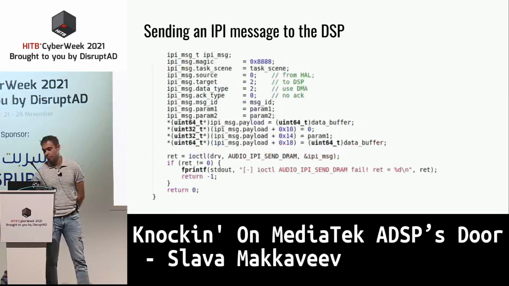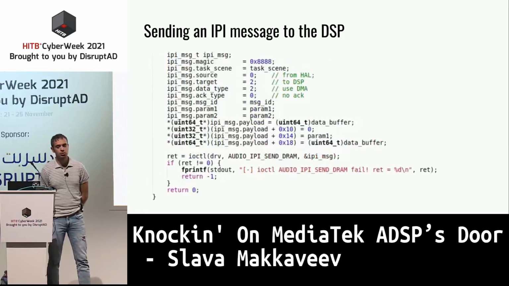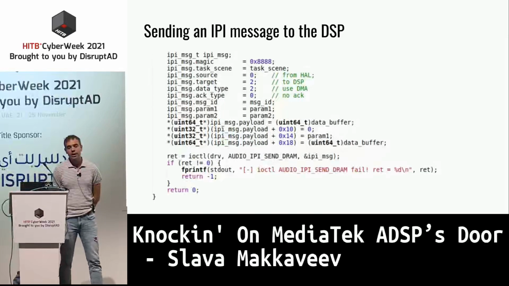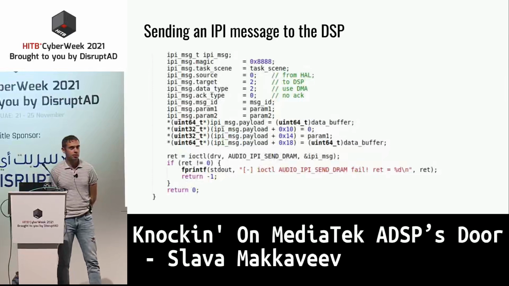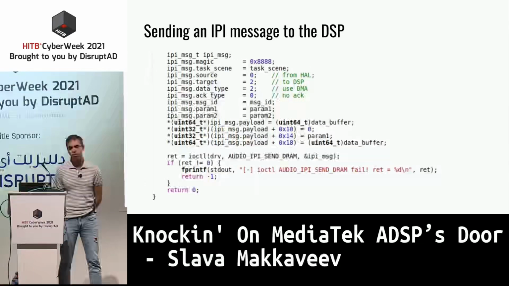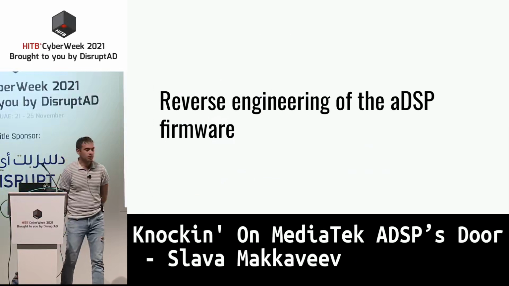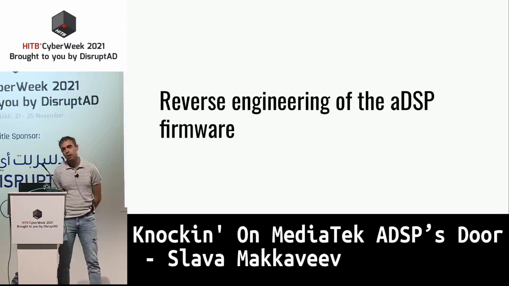Next, we create an audio EP message and put in param1, param2, task scene, message ID, and the payload data received as arguments of this function. Finally, we call the audio EP send DRAM ioctl to send the message and to transmit the payload through the shared region. Great. So now we know how to send an EP message from Android user space to the audio DSP.